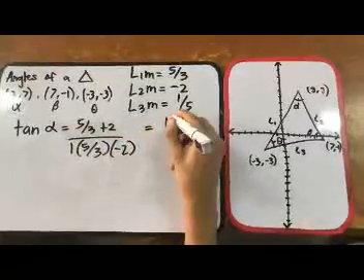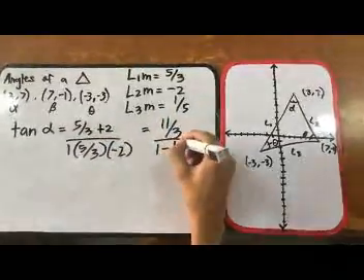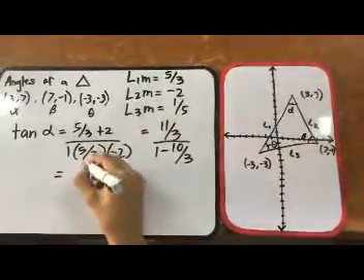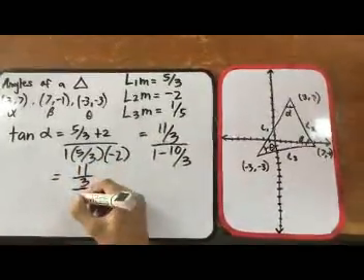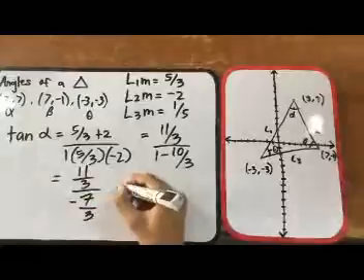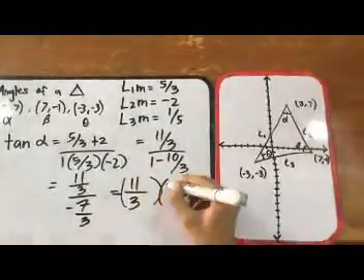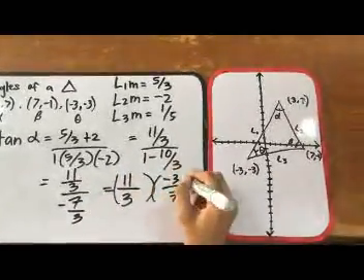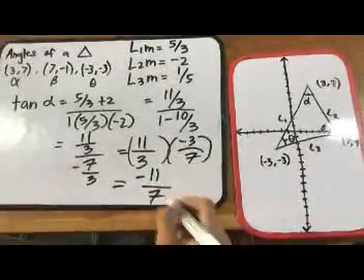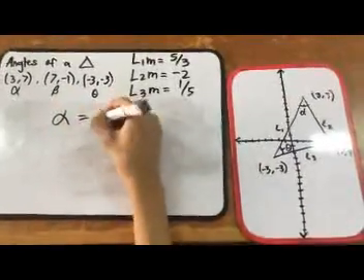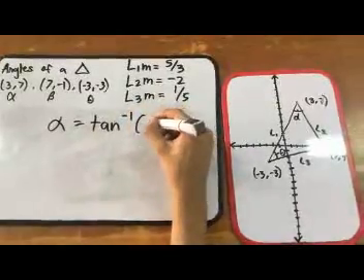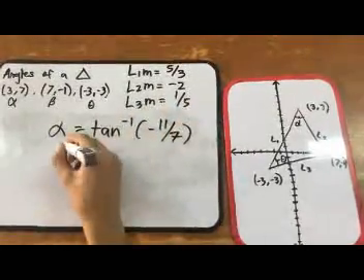So we just need to substitute the values of the lines for the sides of the angle. Here we're getting alpha, and we substituted the values for line 1 and line 2. Do the procedure for the angle between two lines, and you will get the degrees of the angle. We got negative 11 over 7, and just use the arctangent to get the degrees.